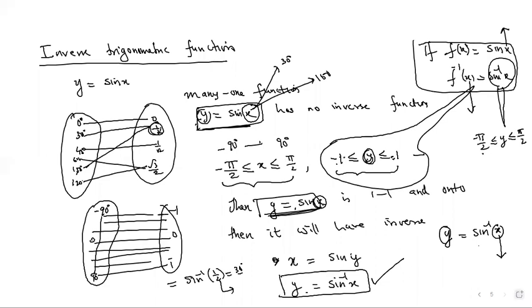So now the most important thing that I'm explaining today: whenever I write y is equal to sin inverse x, then first condition, x is sin y. And the value of x will be from minus 1 to plus 1, and the value of y will be from minus pi by 2 to plus pi by 2.